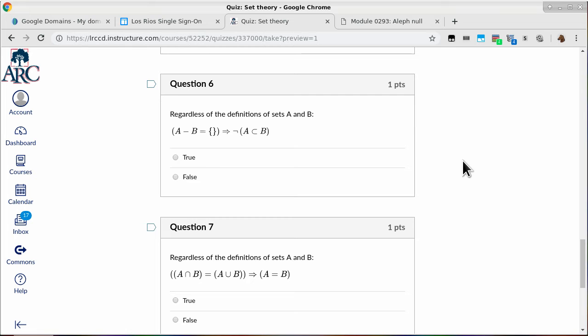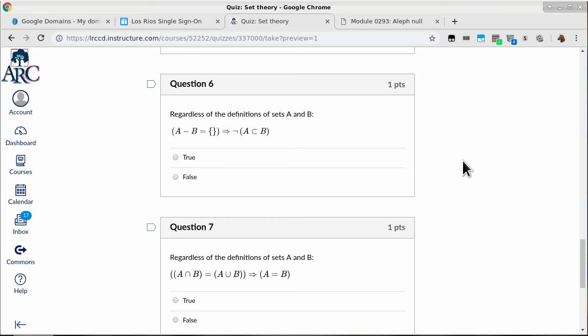If A and B are exactly the same, then A is a proper subset of B is going to be false. But not false is true, so that is still okay. So in order for this implication to be false, you have to find me a case where A is a subset of B, but this negated expression is false. For the negated expression to be false, that means A is a proper subset of B. Can you find me a case like that?